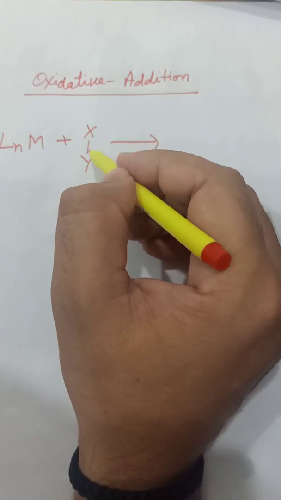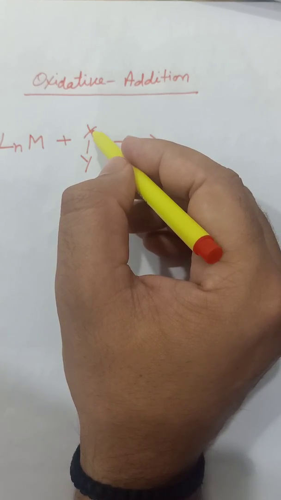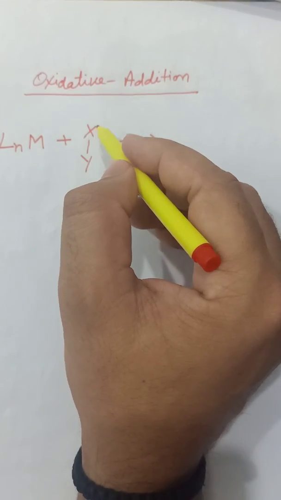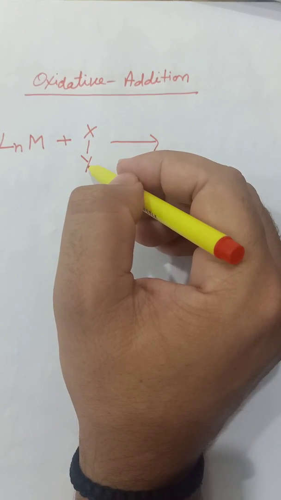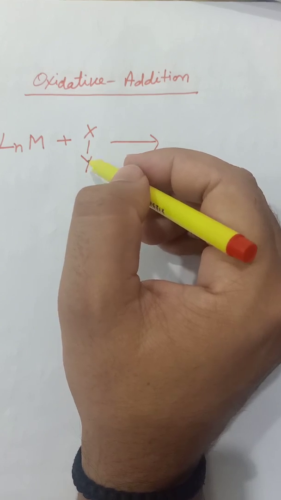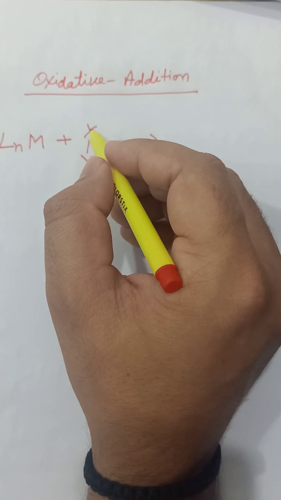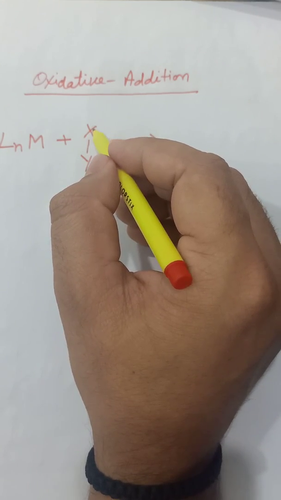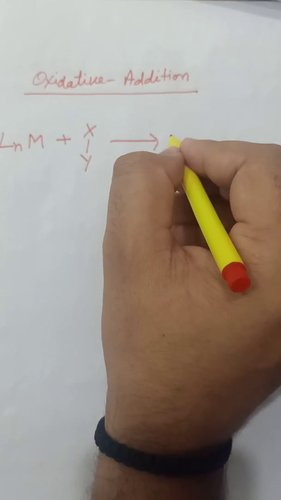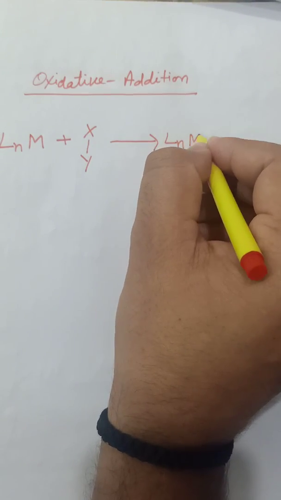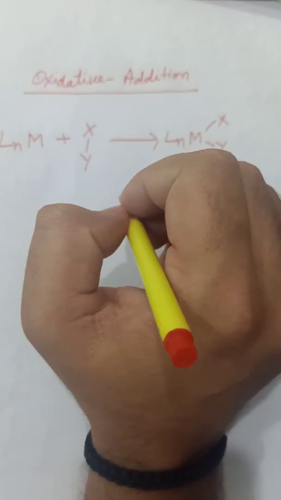The bond between X and Y breaks, and there is bond formation between the metal and ligand atom X, and between the metal and the second atom of the ligand, Y. There is a transfer of electrons from the metal to the sigma antibonding molecular orbitals of this XY ligand. So this type of complex forms.